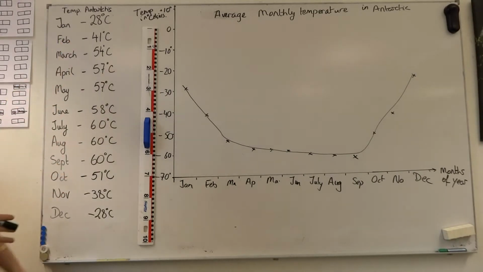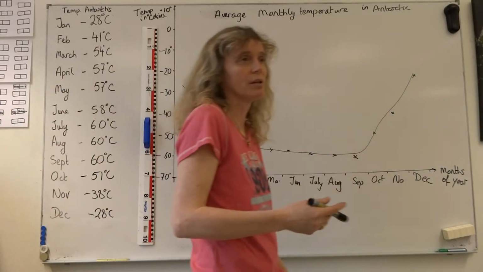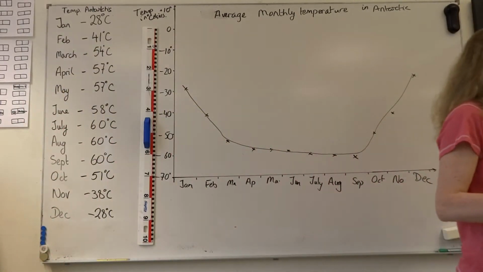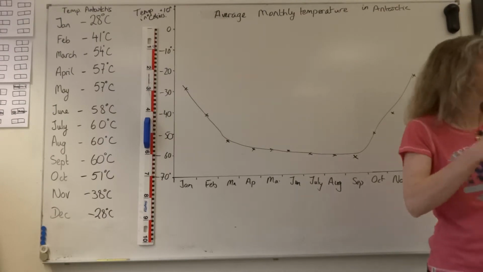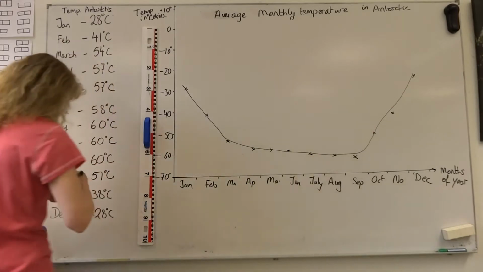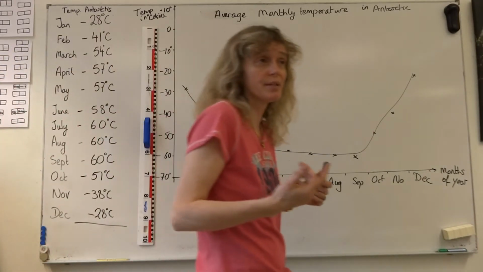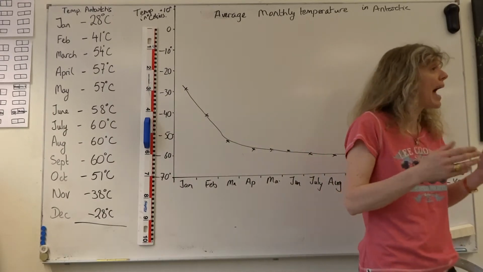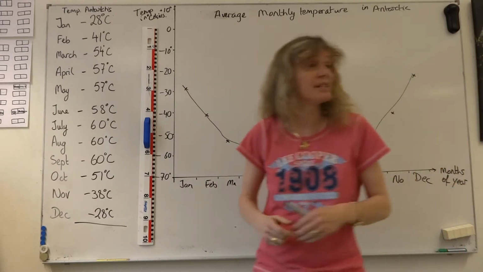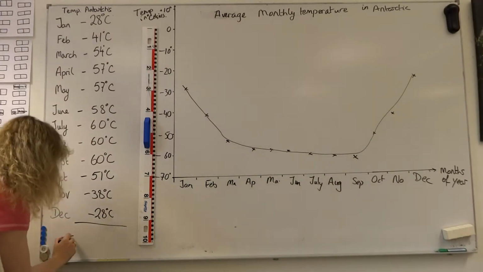Then it asked us to actually calculate the average yearly temperature, the average temperature over the year. We know that to calculate the mean temperature, we add all the temperatures up. Now these are all negative numbers. The easiest way to add a big list of negative numbers is actually to ignore that they're negative and just put a big minus in the answer.